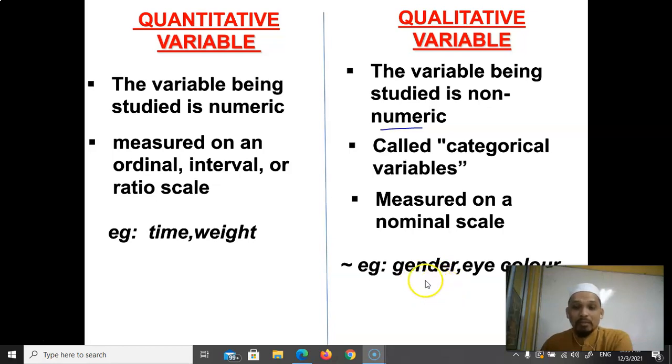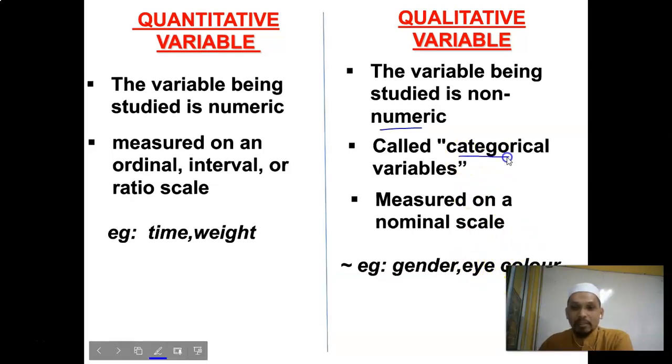We cannot call that person 3.5 male. No, we cannot measure it. It could be eye color or something like that. So we can only have categorical variables here.